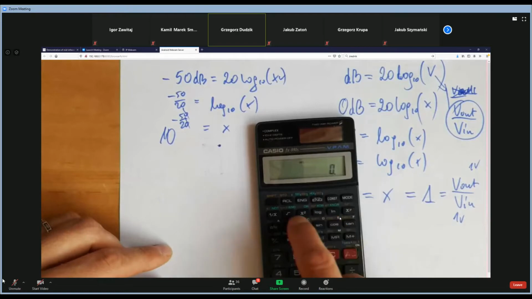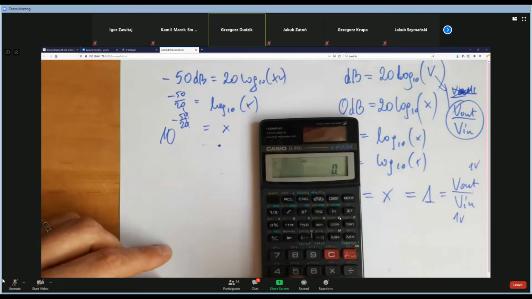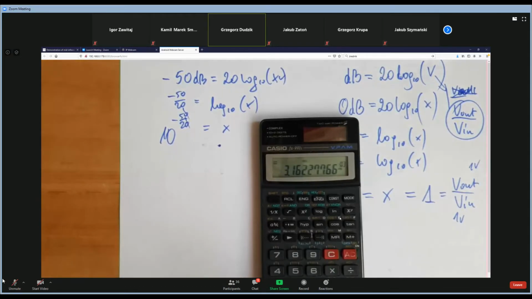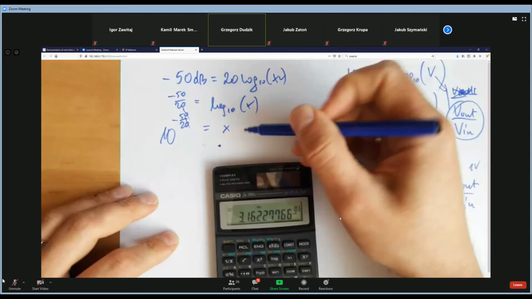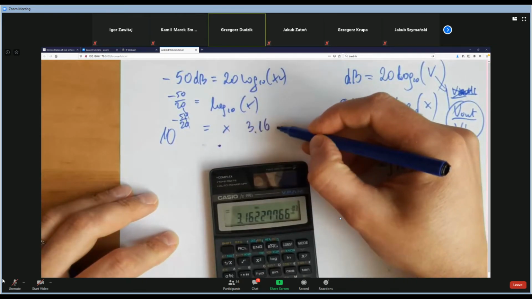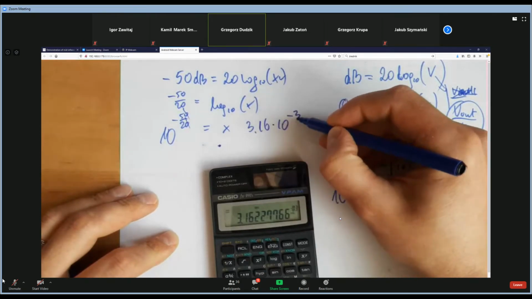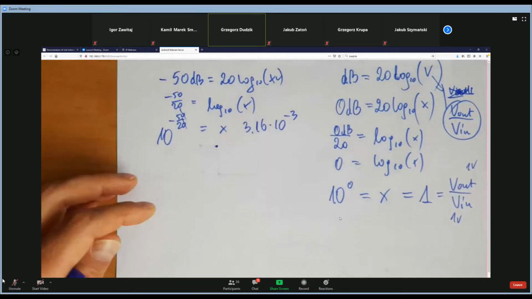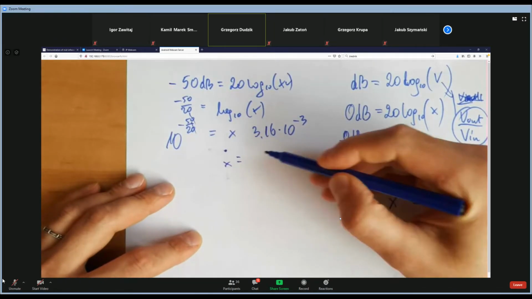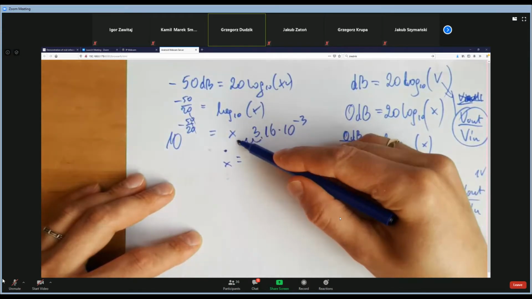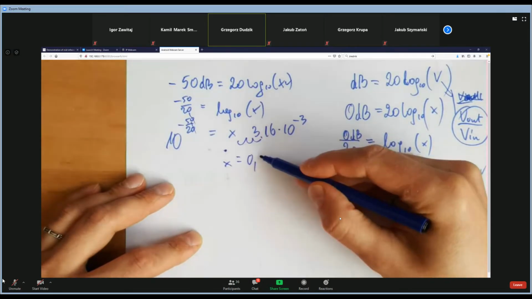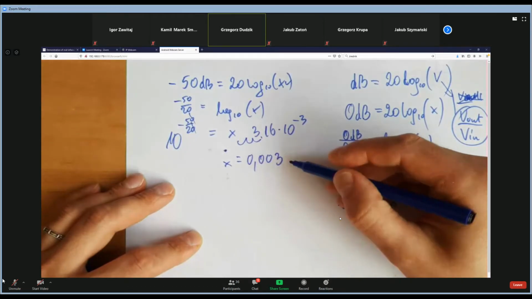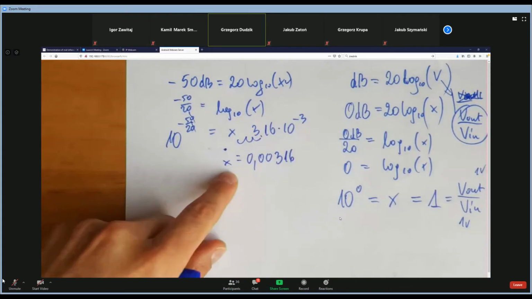It is 10 powered to minus 5 over 2. Okay, it is 3.16 times 10 to minus 3. So x is equal, if I move it by 3 positions, to 0.00316. The x is here.